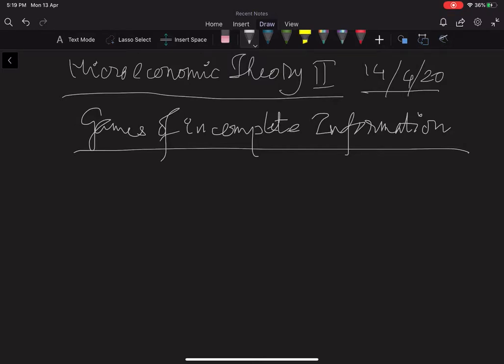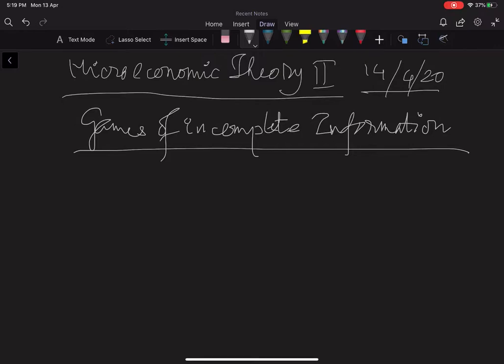It could be a high cost firm, it could be a low cost firm, and firm 1 doesn't know exactly what kind of firm firm 2 is. Firm 2 obviously knows about its own cost structure, it knows whether it's high cost or low cost, but the first firm doesn't know, and that would be a setup which fits into these games of incomplete information, right? And we will talk about such a Cournot model later.